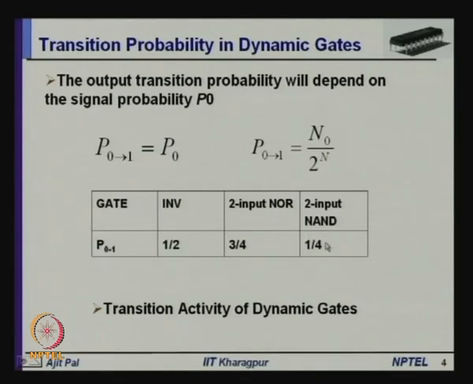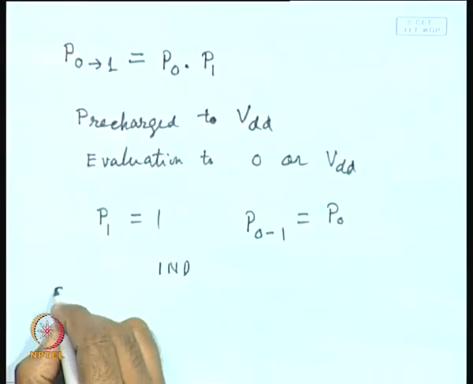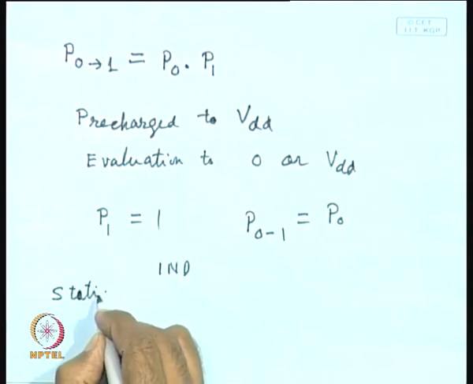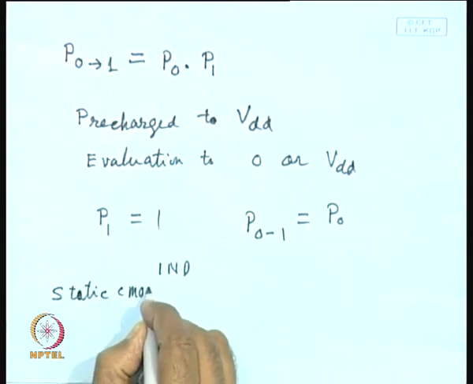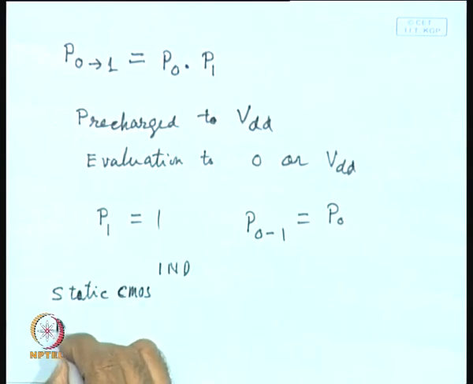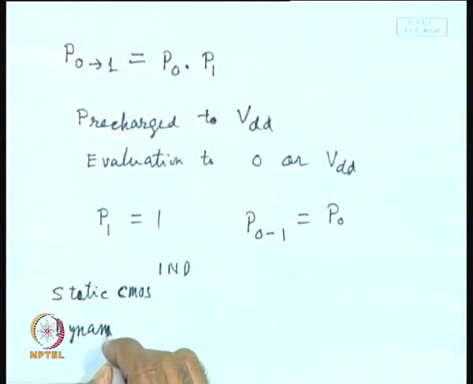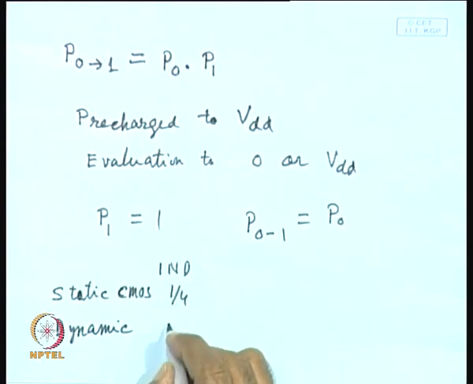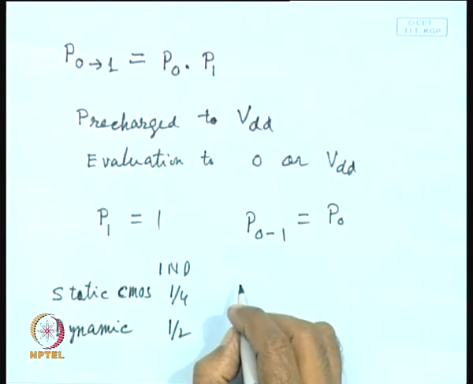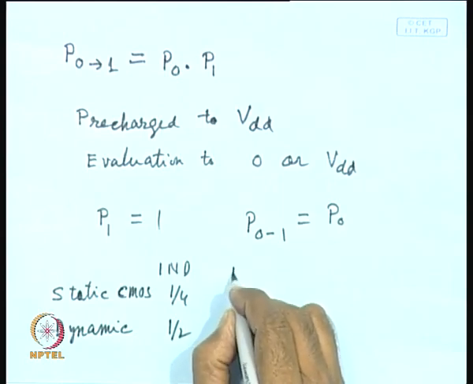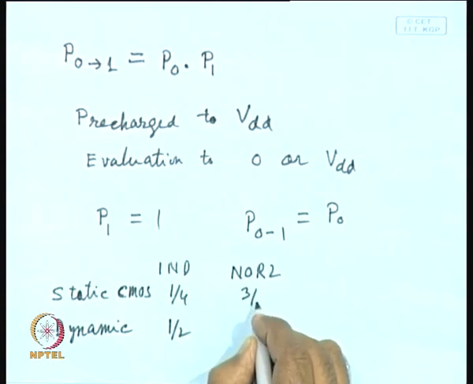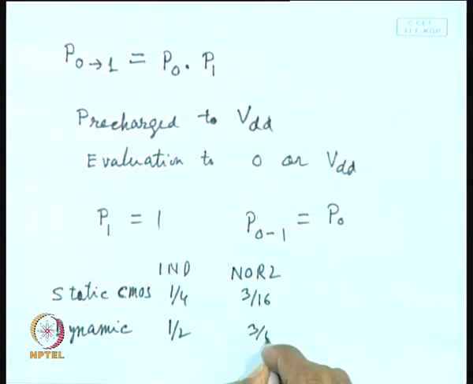That means, if we compare static CMOS and dynamic CMOS, for an inverter it is 1 by 4 for static and 1 by 2 for dynamic. For a 2-input NOR, here it is 3 by 16, and here it is equal to 3 by 4.